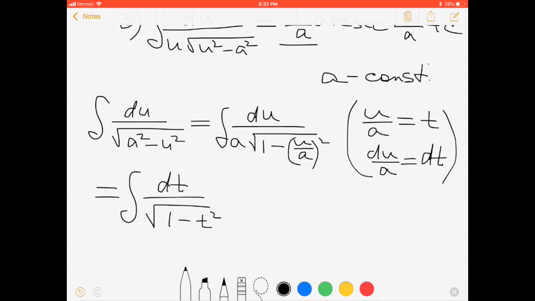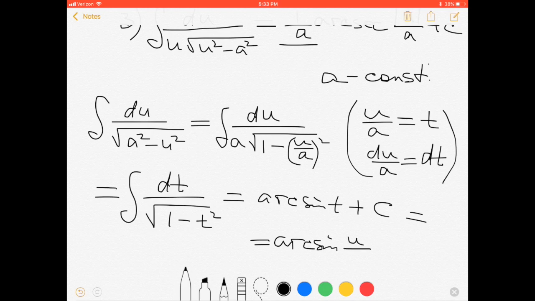If you remember the formulas I gave you last time, this is exactly the derivative of arcsine t. This means if you integrate, it will be arcsine t plus c, or arcsine u over a plus c. As you can see, we proved the first of our formulas.